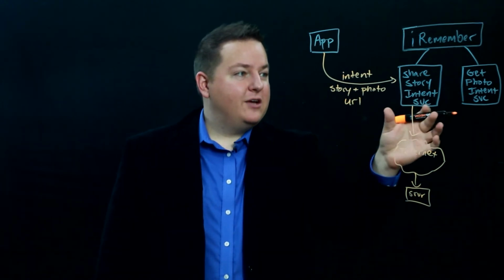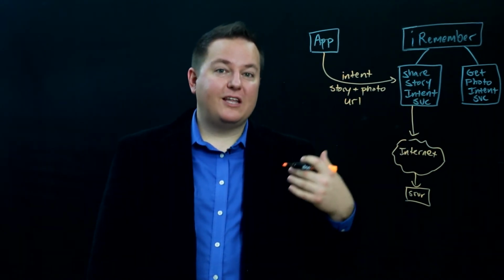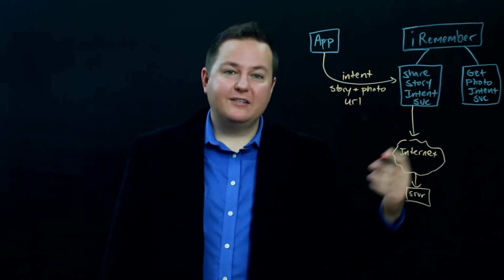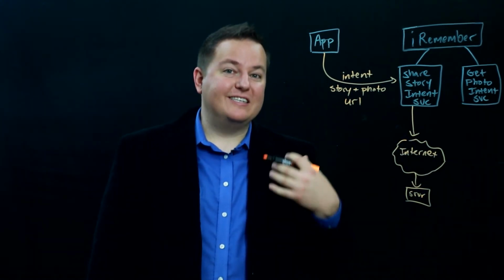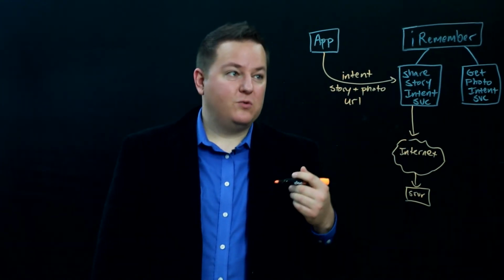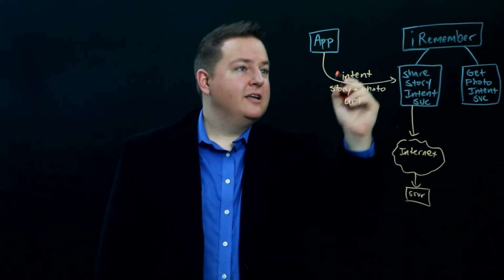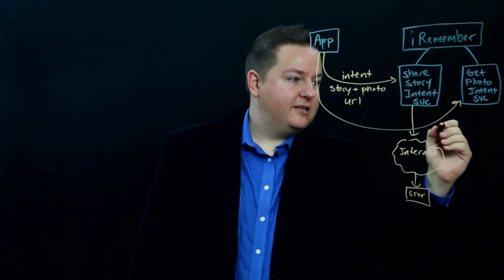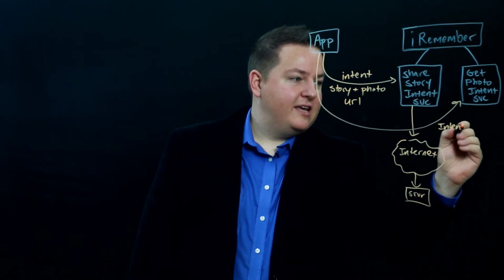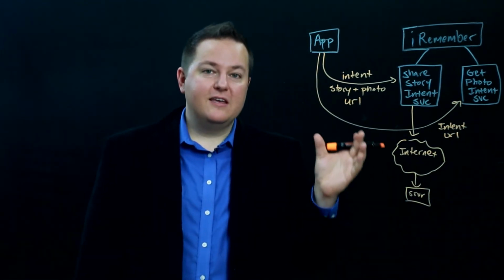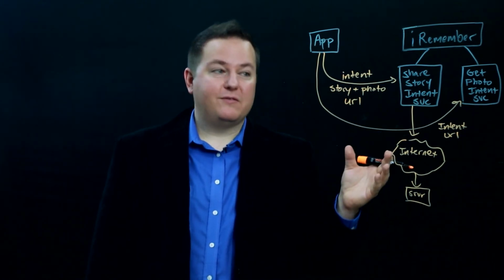But since we're already going and creating a capability to allow other apps to share stories and photos, why don't we go ahead and just expose this service to download arbitrary photos from the internet as an intent service as well. So similarly, we'll allow apps to send to this service an intent, and in that intent we will have the URL of the photo that we want to go and collect from the internet.